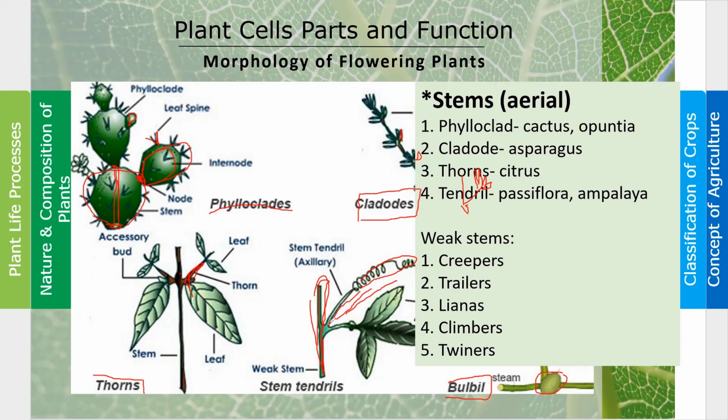Yung mga mata-mata niya, those are nodes. Okay? So, in between those nodes, we call that internodes. This is a tuber, mga ganon. Actually, you're applying. So, that's why you will be able to remember these things better. Okay? So, that's just a tip. So, those are the modifications of a stem.